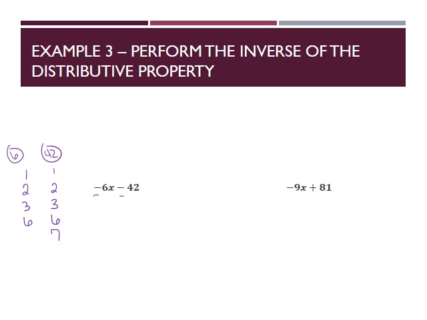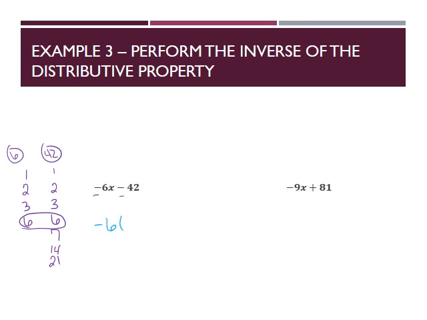Well, guys, I don't see a point in going any further as far as getting higher, because, yes, 42 can also be divided by things like 14 and 21, but I can't pull anything higher than 6 out of 6, so I'm actually going to stop here. Let's pull a 6 out. Remember, I said I was going to pull out a negative also. So pull out that negative 6.